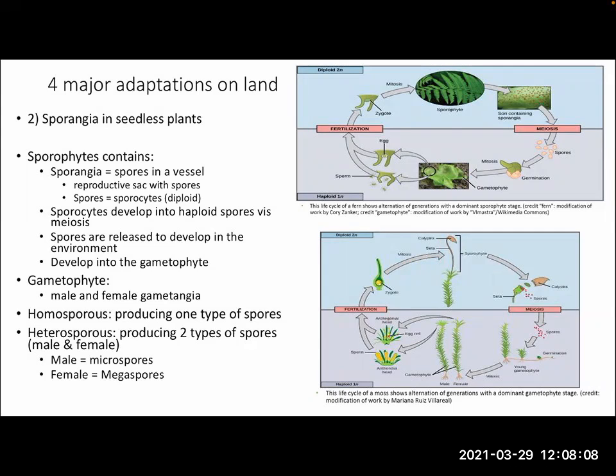So the sporophyte in this case is only a small portion of the moss life cycle, and that's really just the reproductive stage.